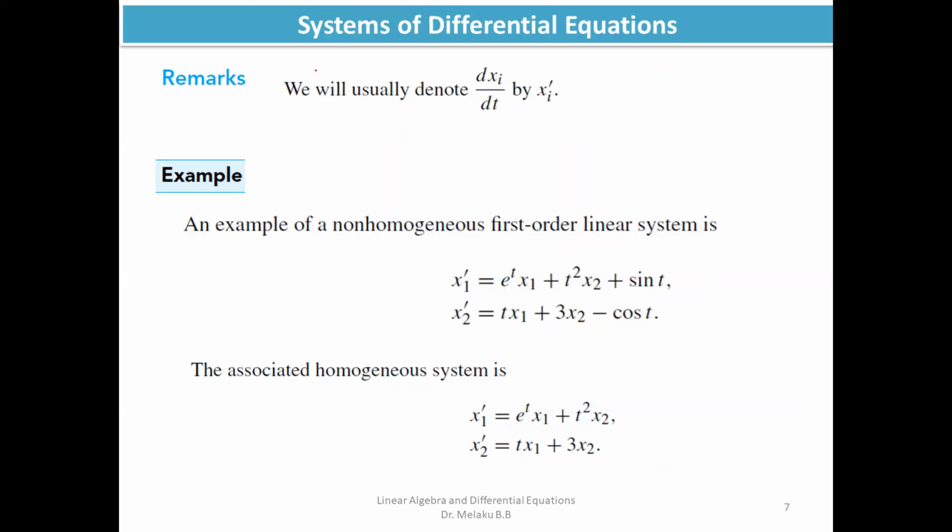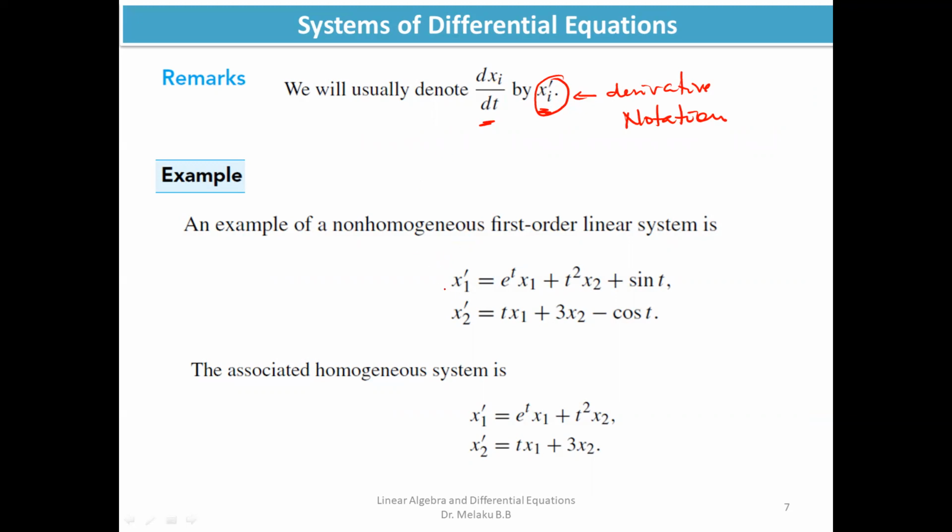We usually use xi bar, or xi prime, to show the derivative. These are just notations, no problem. In the book that we are using, we mainly use xi prime, and in some other books you may find dxi/dt.